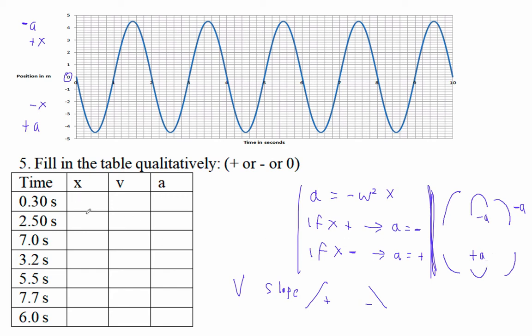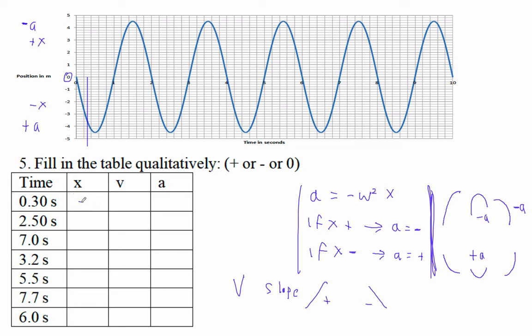Okay, so let's go through and look at the position here, right? At 0.3 seconds, 0.3 is right here. Roughly, right? You can imagine this is 0.2, 0.4, 0.6, 0.8, 1, right? At 0.3 seconds, that's our first one here.